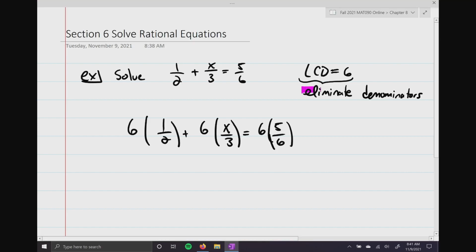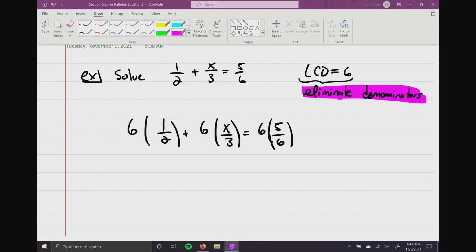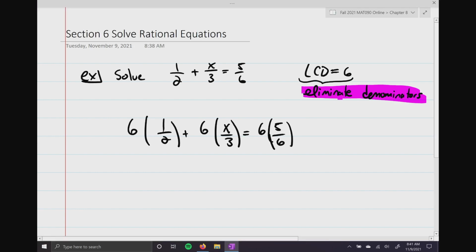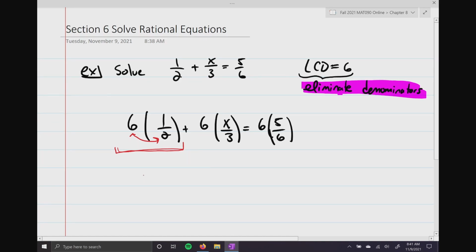So the first thing you should do, when you look at the very first term, 6 times 1/2, is multiply those two numbers together. The easiest way to do this is to ask yourself, what is 6 divided by 2? And 6 divided by 2 is 3. I'm going to multiply it by 1 because that's my numerator.